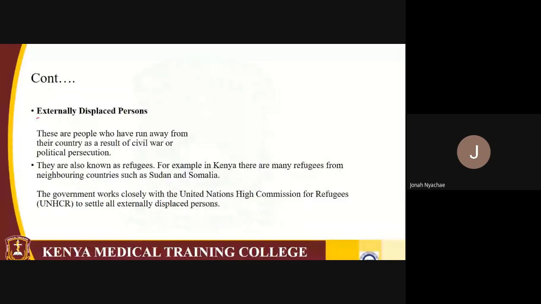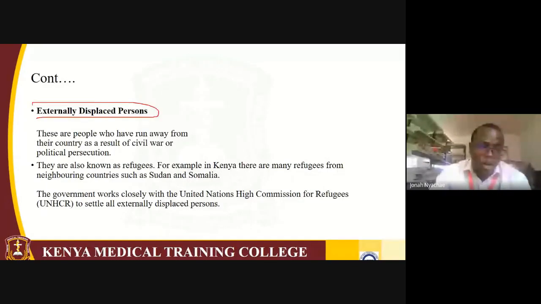We also have externally displaced persons. These are people who run away from their countries because of civil war or political persecution. You go to South Sudan, our neighbor. Kenya has been privileged to host nearly all our neighbors who have run away from political instability. In South Sudan there are still warring communities led by two factions, Dr. Salva Kiir and Dr. Riek Machar.